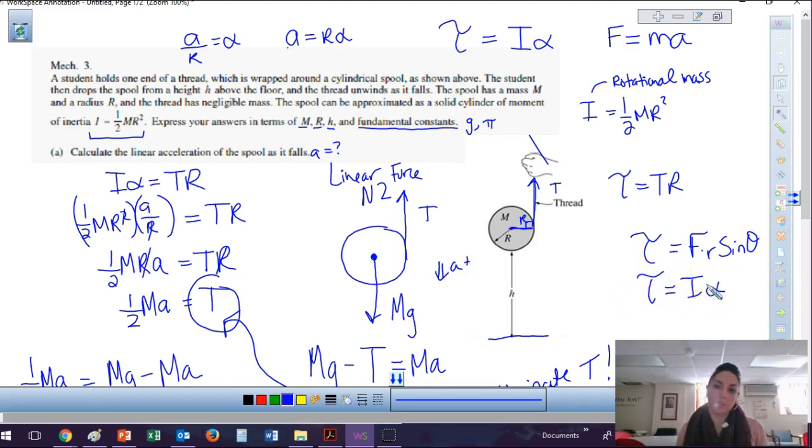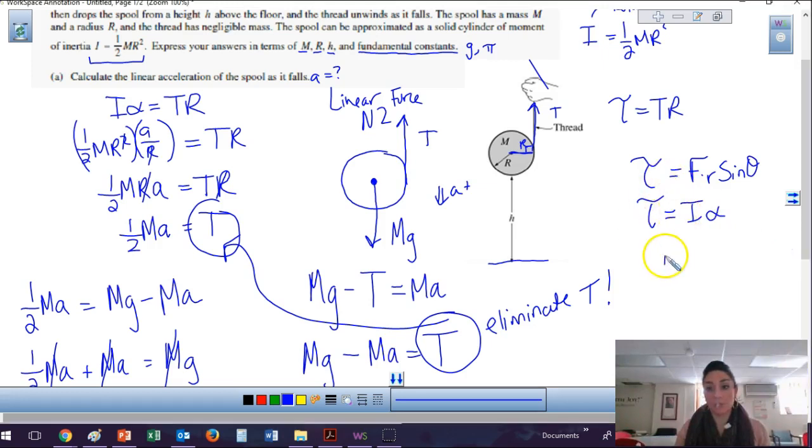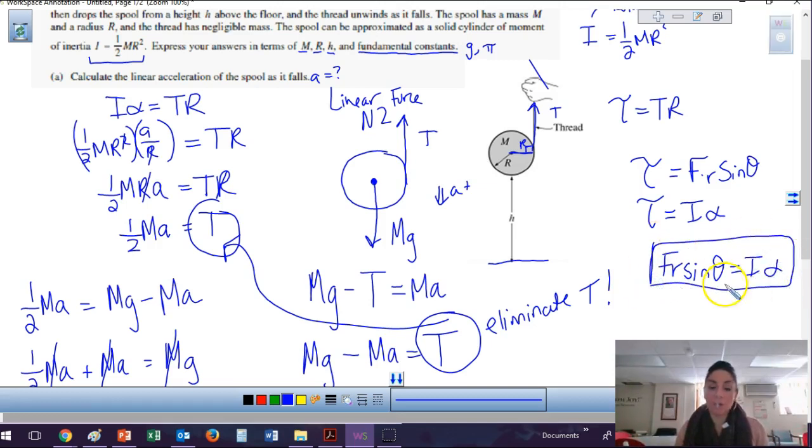But this, of course, is linear acceleration. I'm sorry, angular acceleration. And then these are equal, so you can set them equal to each other. So this is a tactic for solving these types of problems. It's not always helpful to do this, but anytime you see something like a pulley system or Atwood's machine, I definitely use this kind of relationship to help me solve the problem.